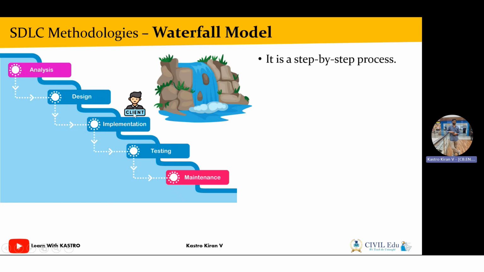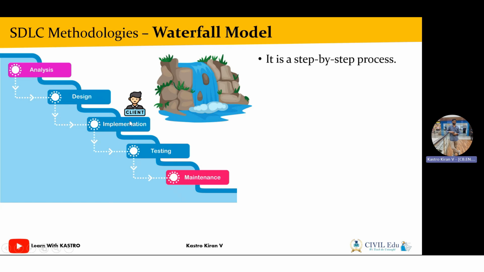Now, what is the disadvantage of this one? The disadvantage of this one is in the analysis phase, all the analyses are gathered, and then in the design phase, the design has also got successfully made, and then in the implementation phase, the code is being written. Now, when the code is being written, the client has come up with a new idea saying that I need one more option or I need one more feature in my application.